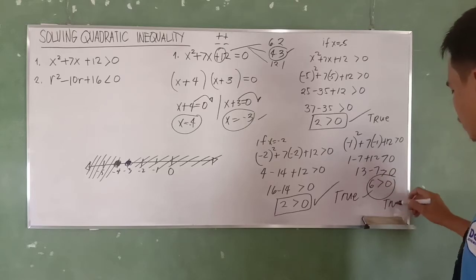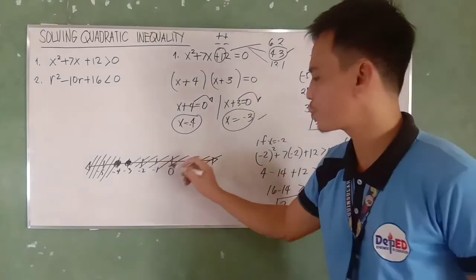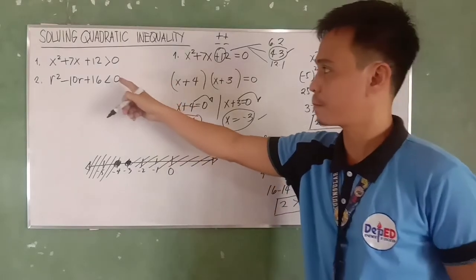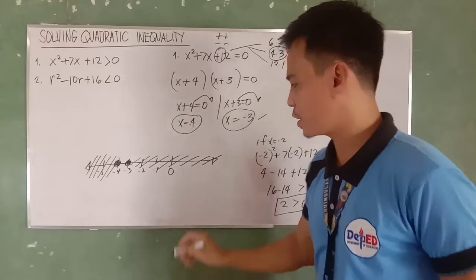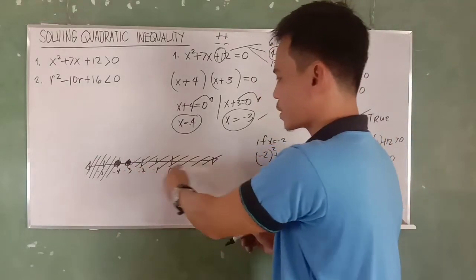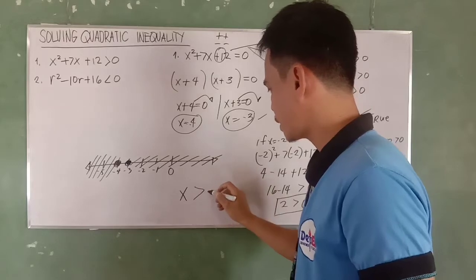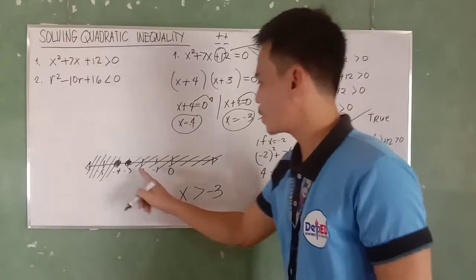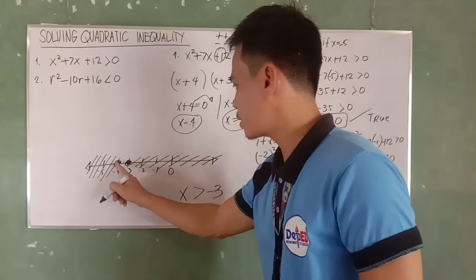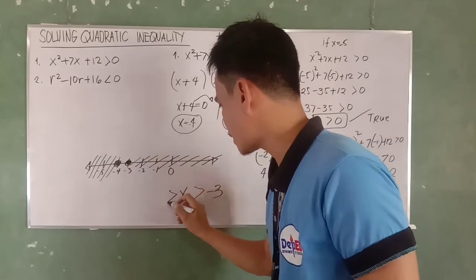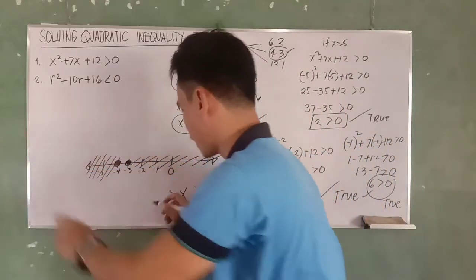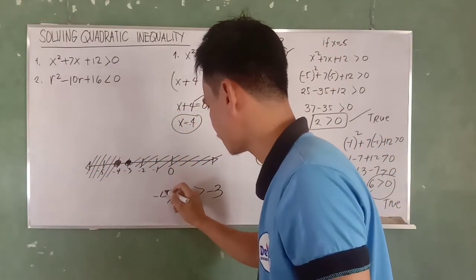Also true. Therefore, this part here is a solution. So our solution set for given inequality number 1 is when x is greater than negative 3, and when x is less than negative 4, going to the left of negative 4.